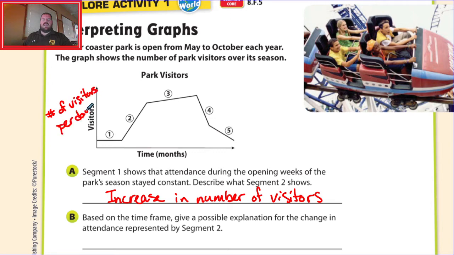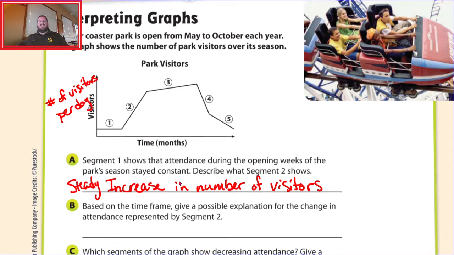They don't really say that on there, but it makes more sense to me to think about it that way. So segment 2 shows a steady increase in number of visitors. More people are coming every day, and a steady increase of that amount of visitors every day.